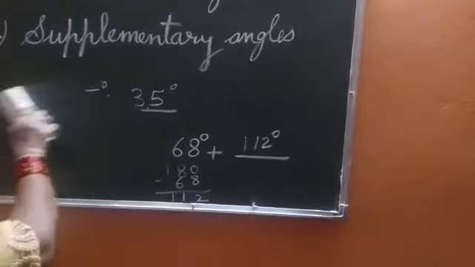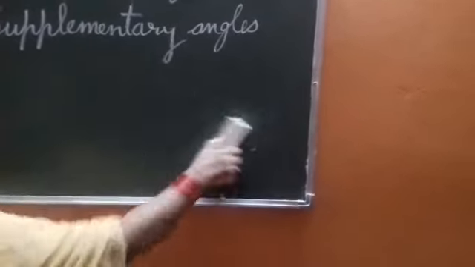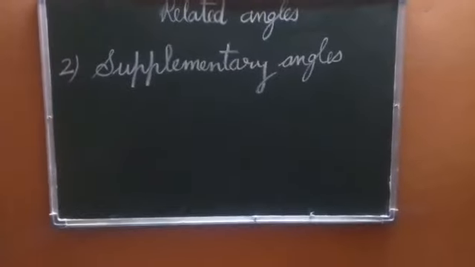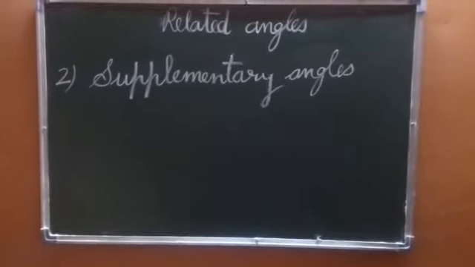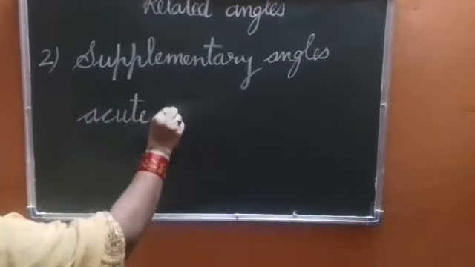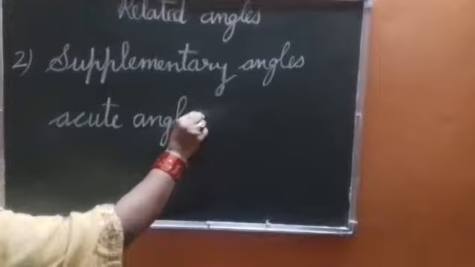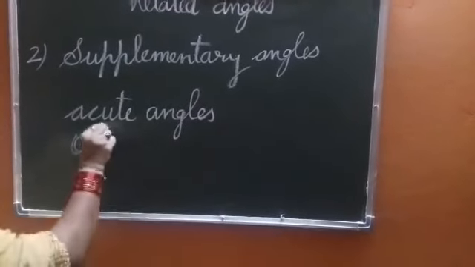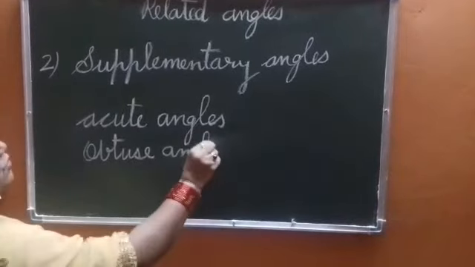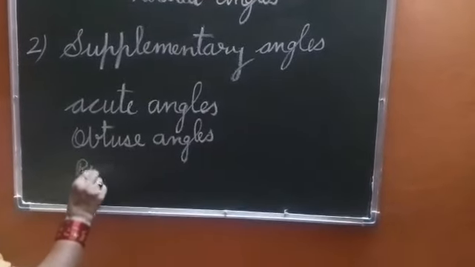Now let us deal with three different questions asked in your book regarding supplementary angles. Again the same question: can two acute angles be supplementary? Can two obtuse angles be supplementary? And can two right angles be supplementary?